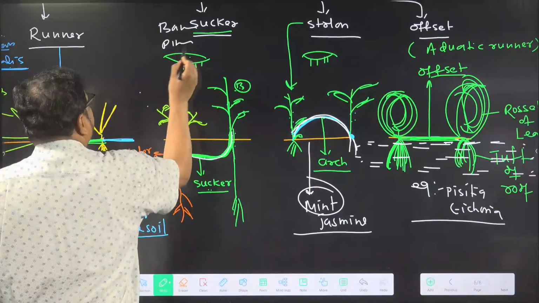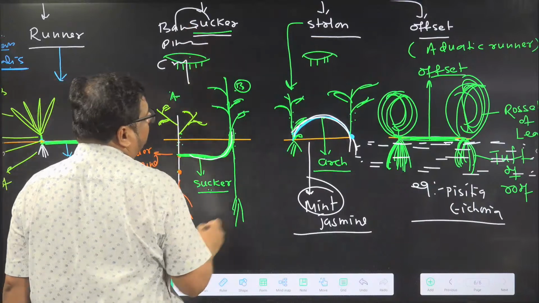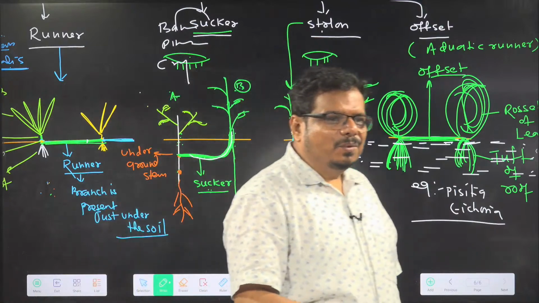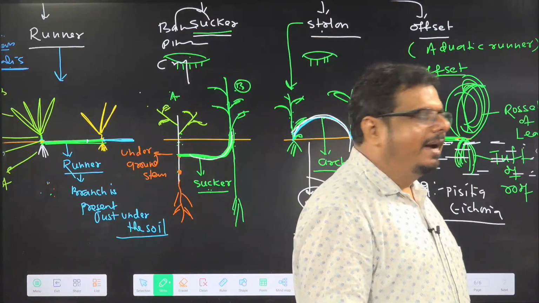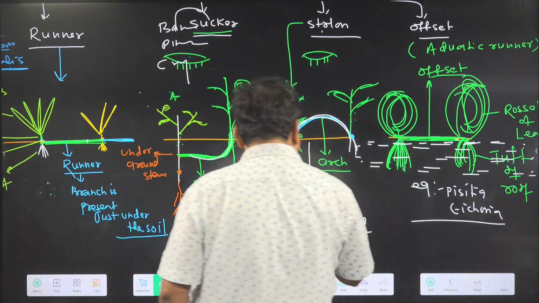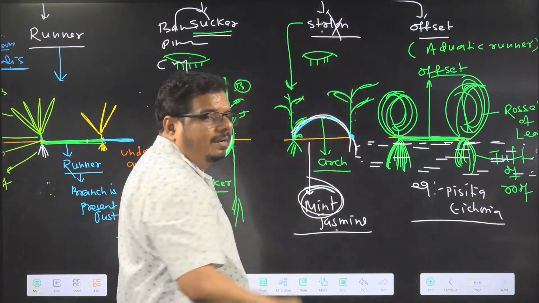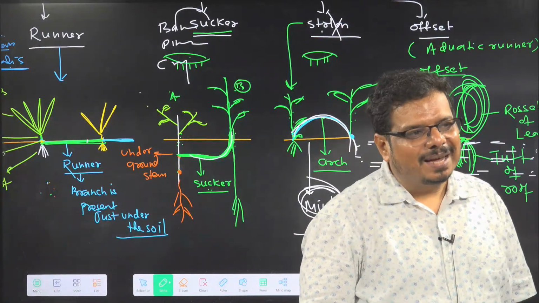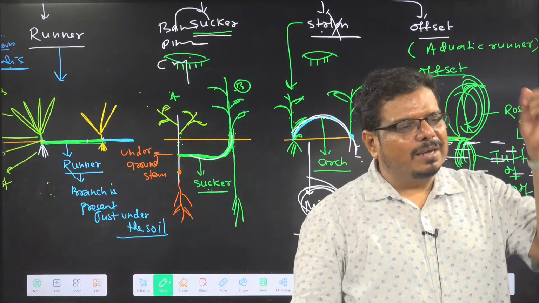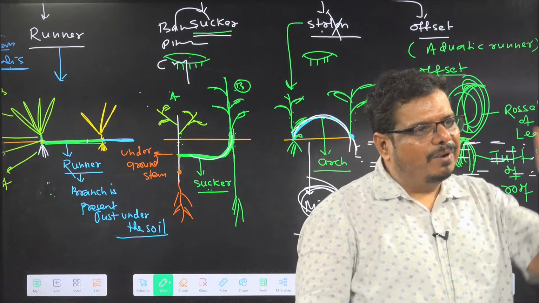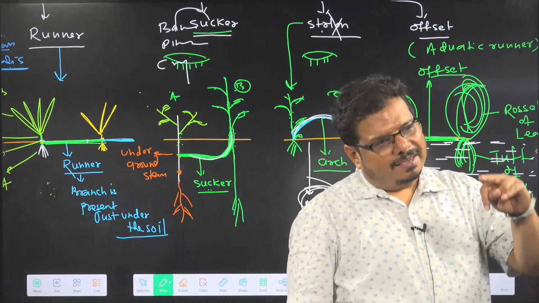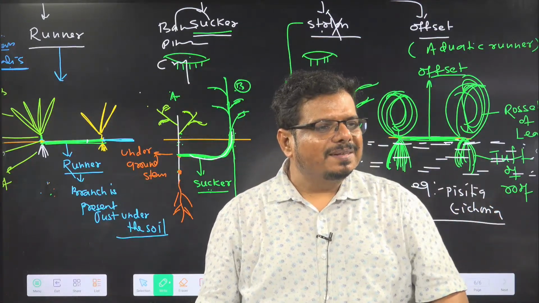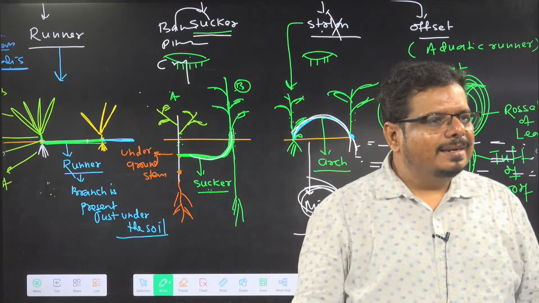What I am asking is, one year in NEET a question came and they asked mint belongs to, and in the options stolon was not given, sucker was given. I am trying to make this clear for that question. How many types of mint are there? Two types. One mint belongs to sucker, another mint belongs to stolon.